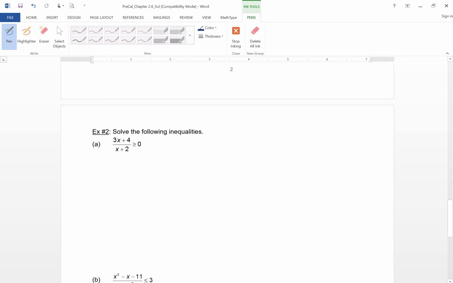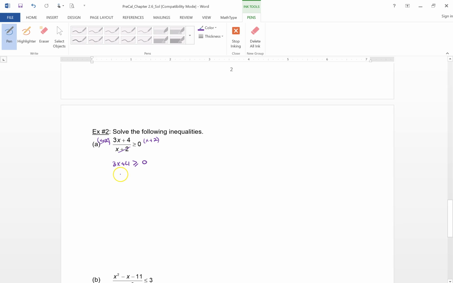All right, so here, to solve this one, just like we were doing in section 5, we multiply both sides of this by x plus 2. This is a very simple one. So we get 3x + 4 ≥ 0.